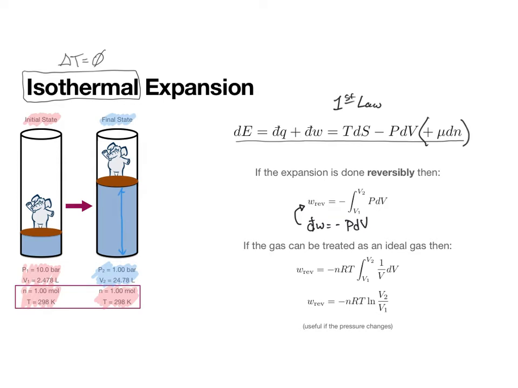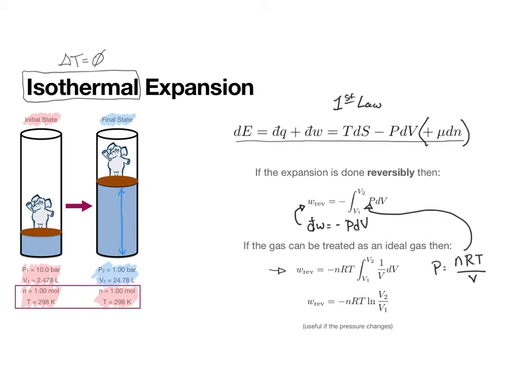Now, if the gas can be treated as an ideal gas, then we can get rid of this pressure because we can say that pressure is equal to nRT over V. And we can substitute that in for P, and we get that work reversible is equal to minus nRT times the integral of 1 over V dV.